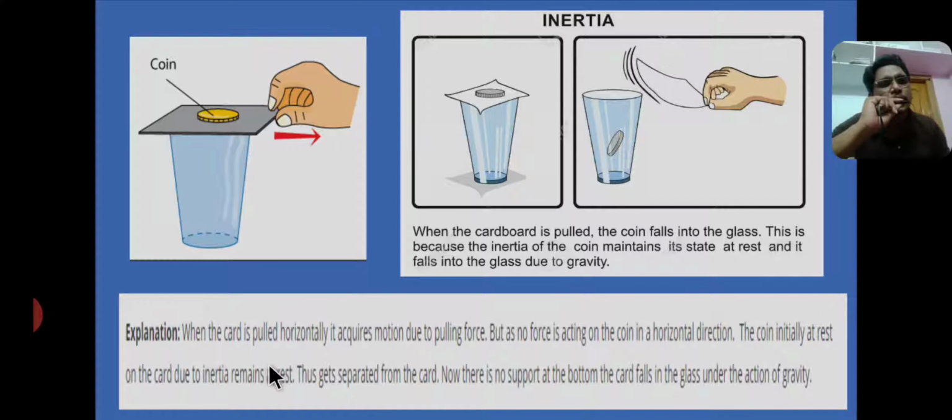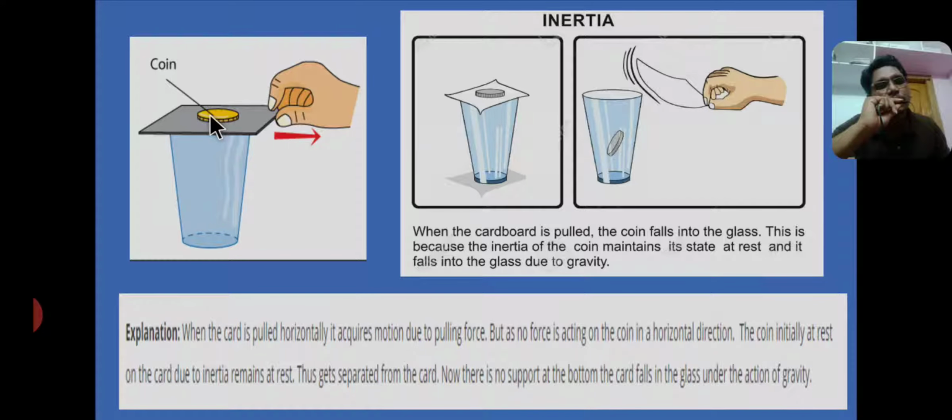Now I will give the scientific explanation. When the cardboard is pulled horizontally, it acquires motion due to the pulling force. But no force is acting on the coin in the horizontal direction. Even though I am applying the force in the horizontal direction, there is no force acting on the coin.